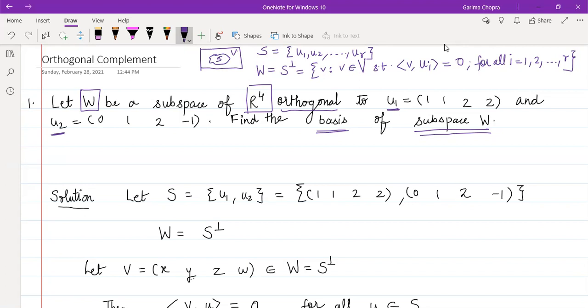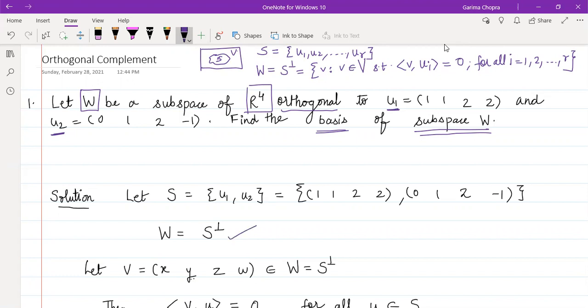And after finding that arbitrary vector, we will find the basis of the subspace W. So here we have considered the set S, which has these two given vectors, U1 and U2. And then we have written this subspace W, whose basis we have to find out. The subspace W is actually the orthogonal complement of this set S, so we have written the same thing here.